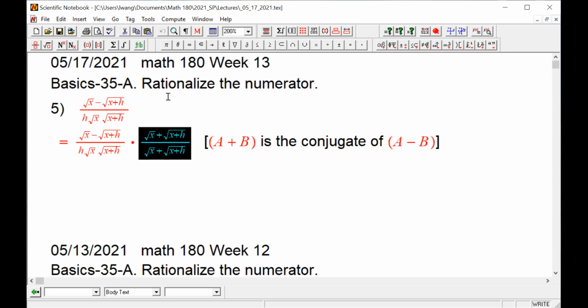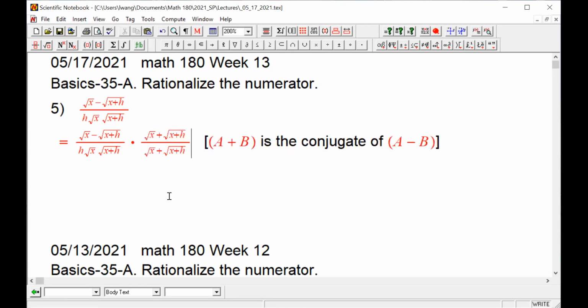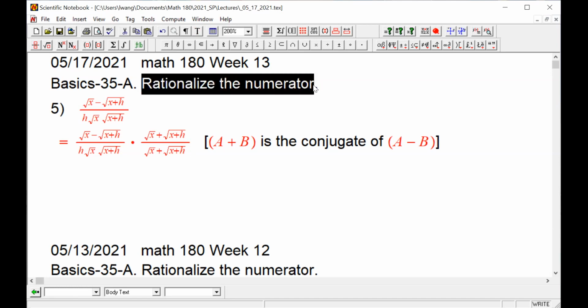This entire quantity is 1, so we're multiplying by 1. That was just the explanation of how to choose the quantity to multiply so that we can reach the goal of rationalizing the numerator.